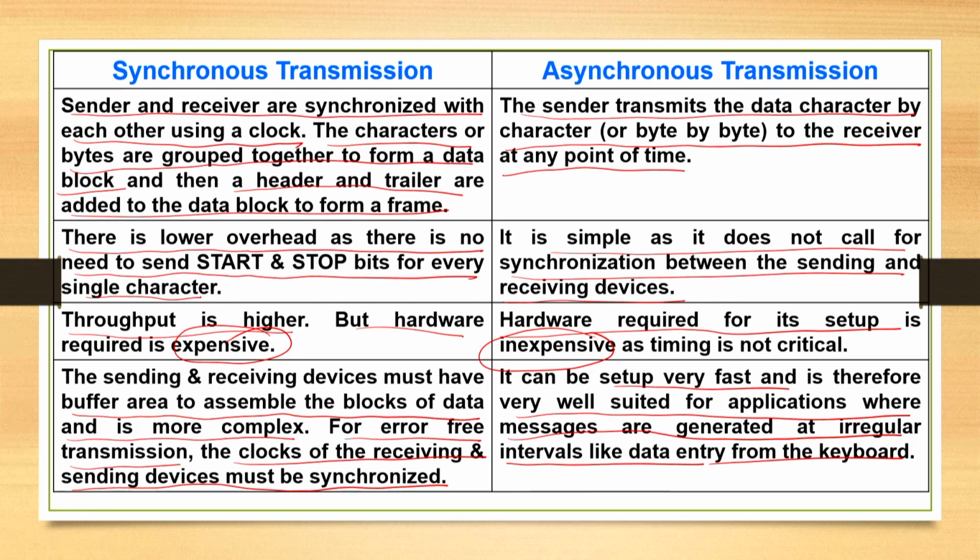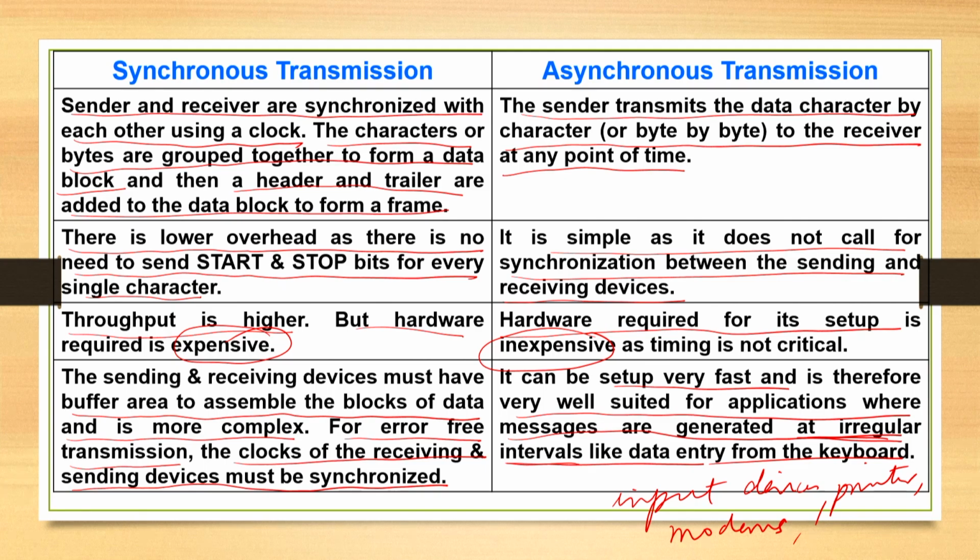So it means it is suited to those types of communication where data are generated at irregular intervals. It means for connecting input devices, printers, modems, fax machines, etc., we can use asynchronous transmission.